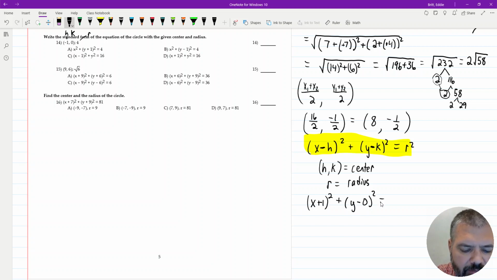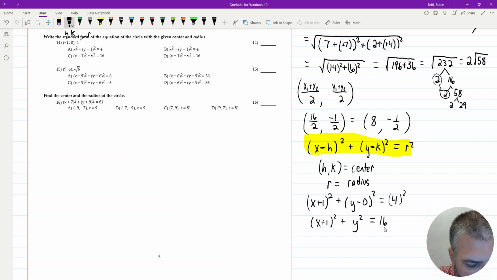And then my radius is 4. So I don't just say equals 4, it equals 4 squared, because that's the radius squared. So this is (x plus 1) squared, and then y minus 0 is just y, so plus y squared equals 4 times 4, which is 16. All right, so that's what I'm looking for.